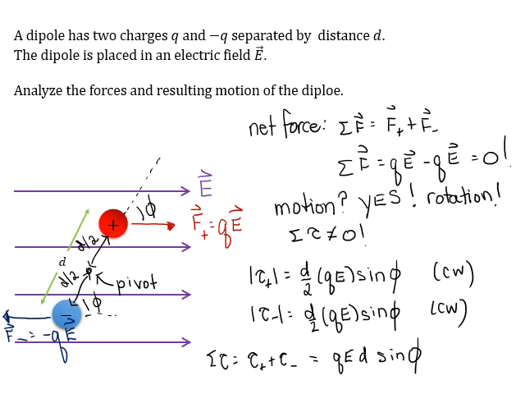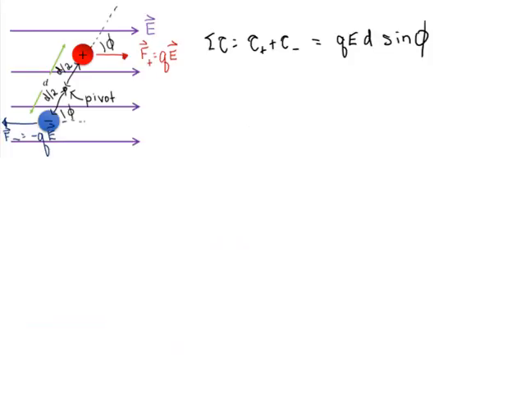This is kind of an interesting result. When we look at this result, we see Q and we see d here. So let's ask ourselves what that means. So we've got our expression for the net torque on a dipole in an electric field E. And if we look at Q and we look at d, we might remember our dipole moment p.